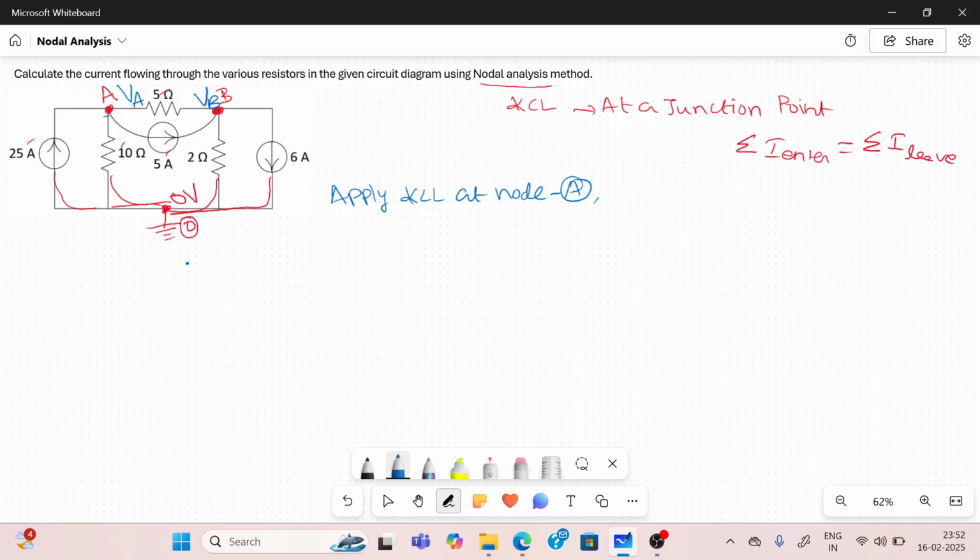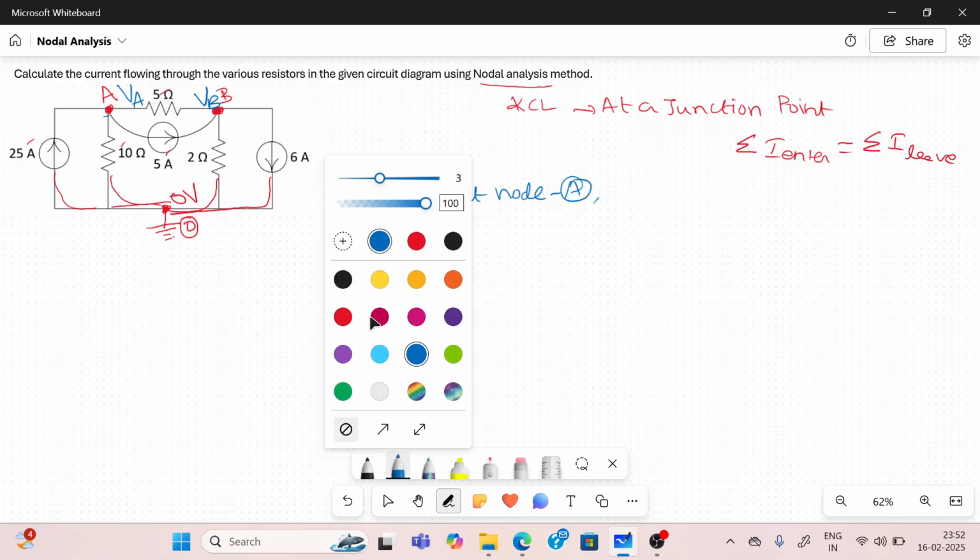When applying KCL at node A, you have to assume the unknown currents. Wherever a resistor is located, the current flowing through the resistor should be assumed. You have to identify the current flowing through each resistor. Normally a resistor only consumes and does not supply anything.